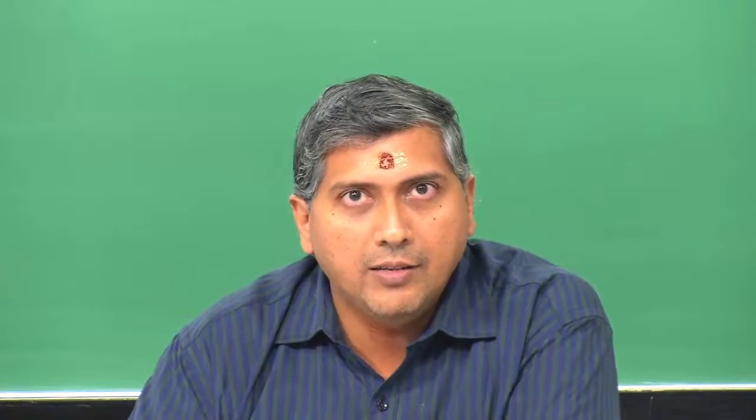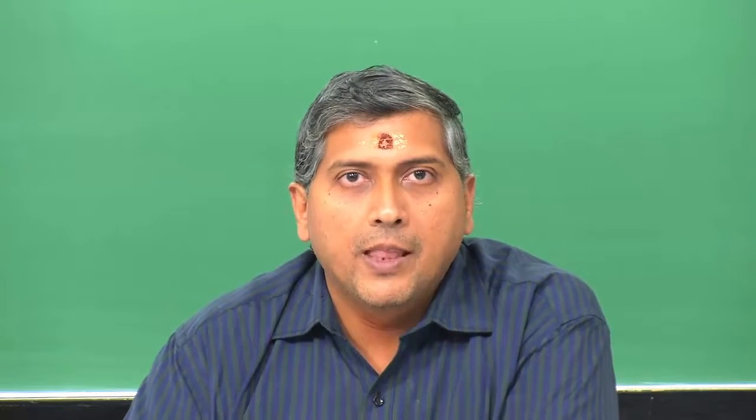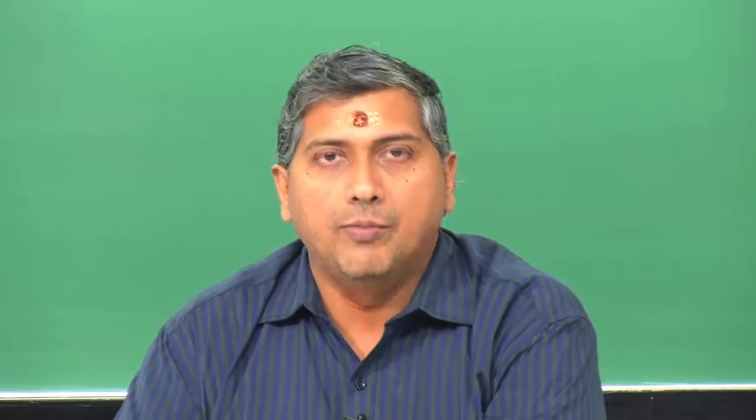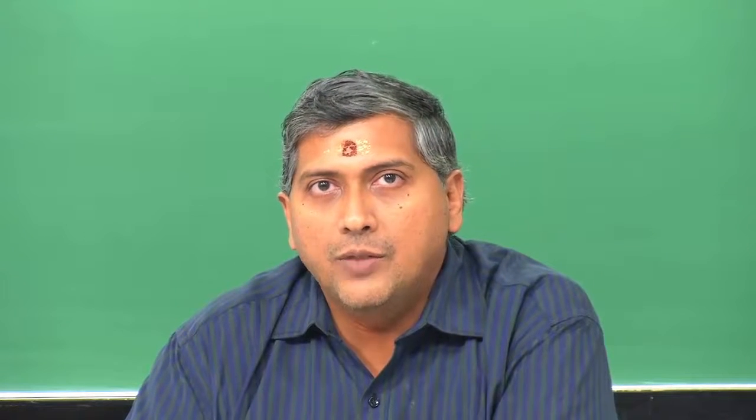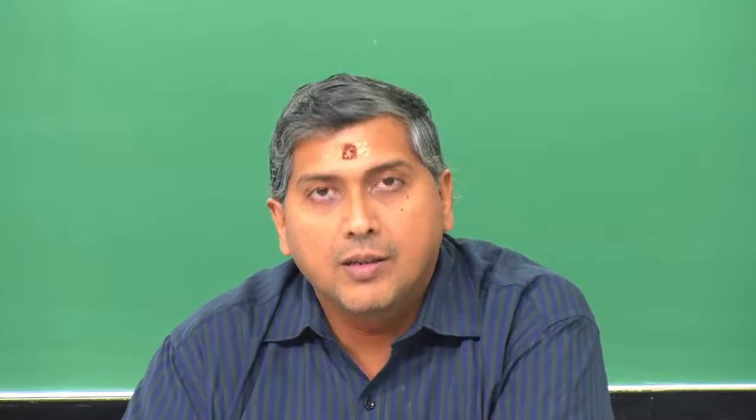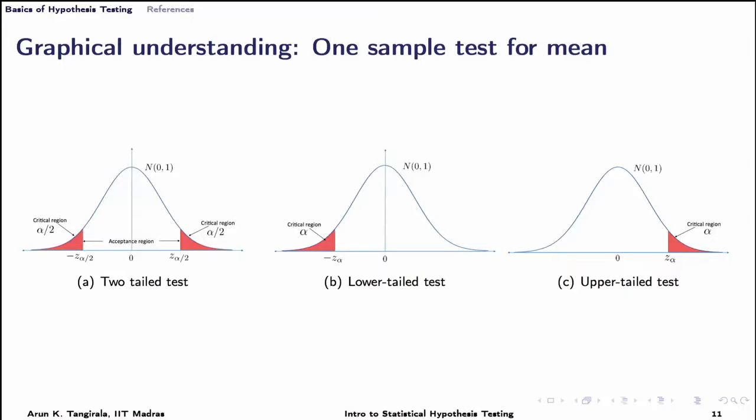So, it is a two-tailed test. The critical value is the z alpha by 2. The alpha by 2 corresponds to the area of the shaded region on the right. In a lower tail test, as you have seen, the critical value is to the left and the subscript there is alpha on z. You have minus z alpha, clearly telling you that the critical value is going to be of negative sign.